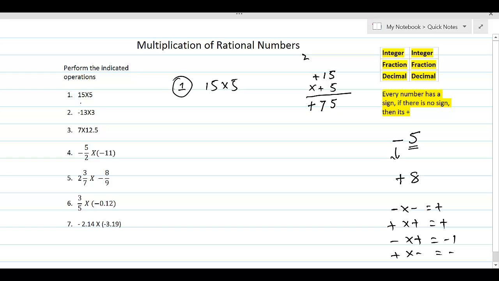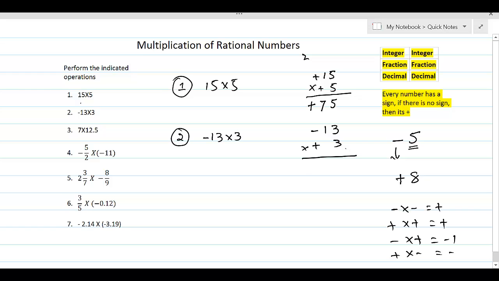So this is question number 1, and question number 2 is minus 13 times 3. This is the same question, but in this case the participating numbers have opposite signs. This is minus 13 times plus 3.